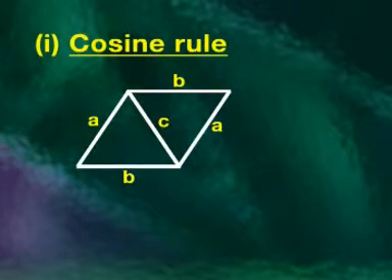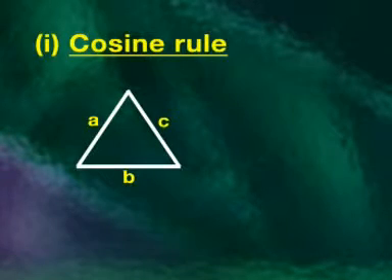Let's consider the cosine rule first. If we reduce a parallelogram to a triangle, we can solve for the side C of a triangle when the resultant C is required as a diagonal of a parallelogram.